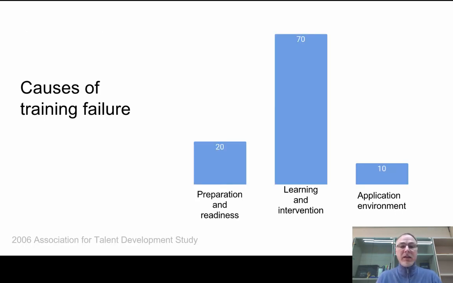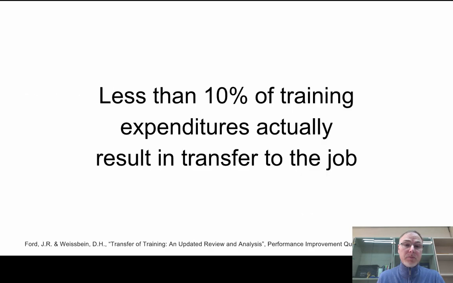So in the case of training failure, what we learned was that 70% of the causes of training failure are related directly to the learning and intervention models and effectiveness of those interventions. Only 20% was related to preparation and readiness, and 10% to the application environment where they could actually apply their learnings.